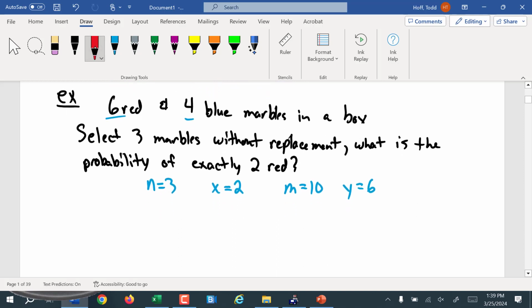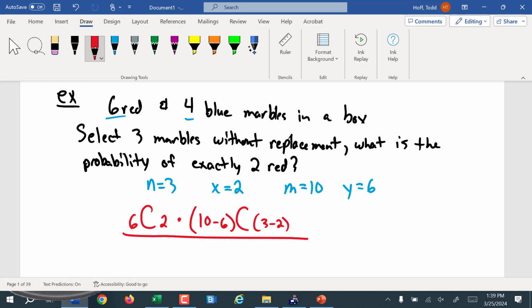So this is going to be 6 choose 2 times 10 minus 6 choose 3 minus 2, over 10 choose 3.